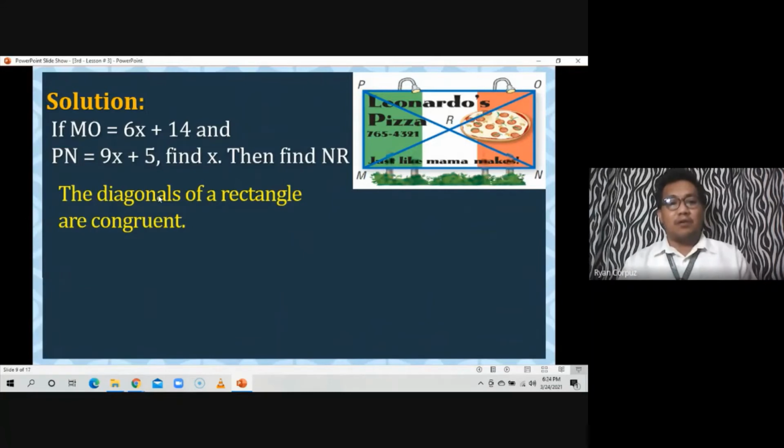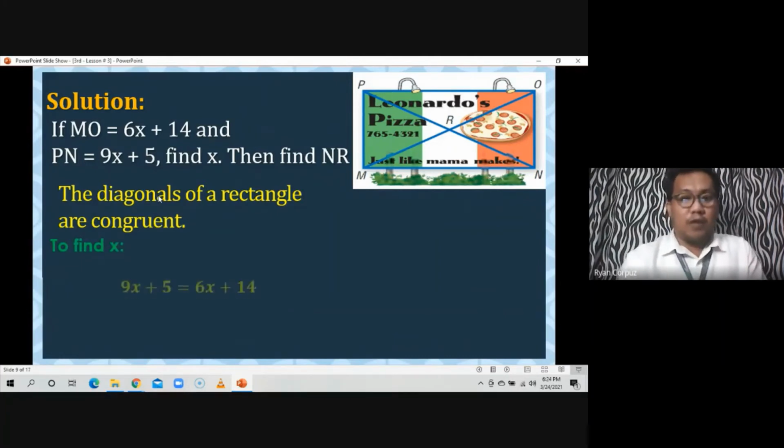That means what we can do is to equate both measures because, according to the property, they are congruent. So to solve for x, we are going to equate both measures.